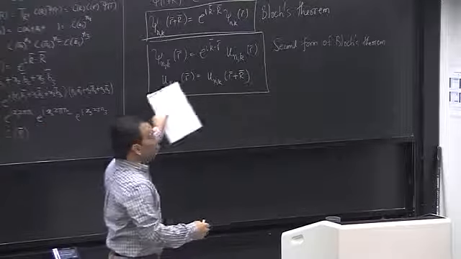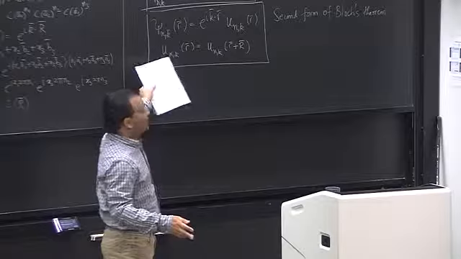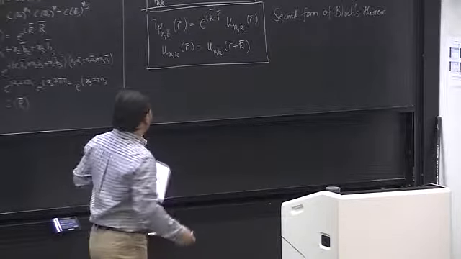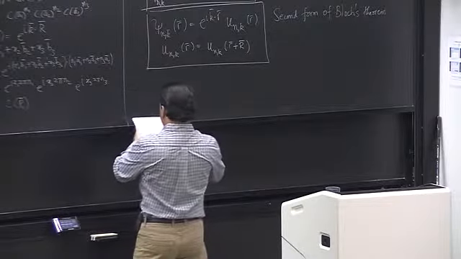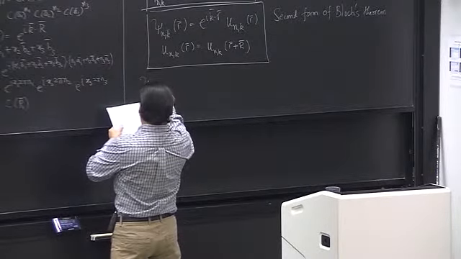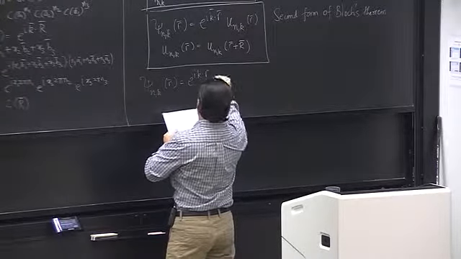Now we can simply show that these two forms are actually equivalent. We can derive this using the first one. So how can we do that? It's quite simple. We can start by saying that psi n k of r is e to the power i k dot r times some function.